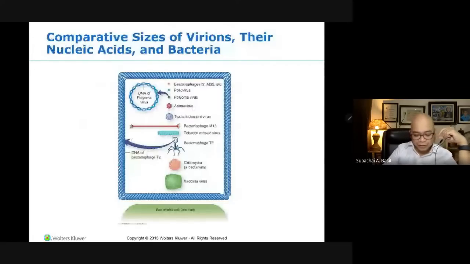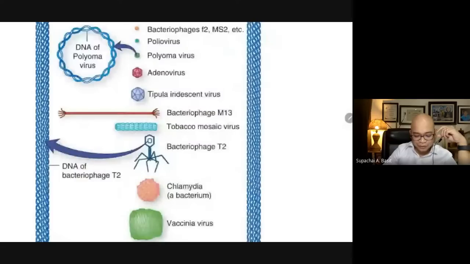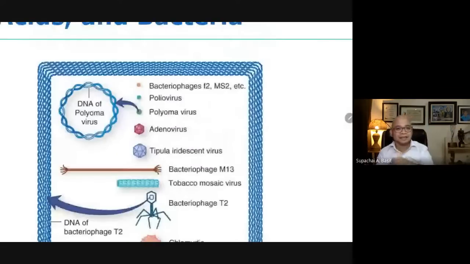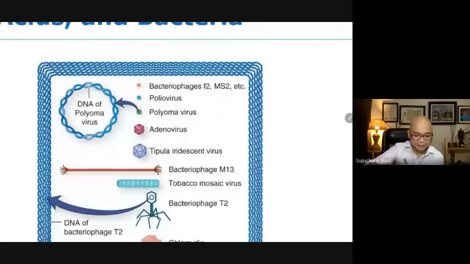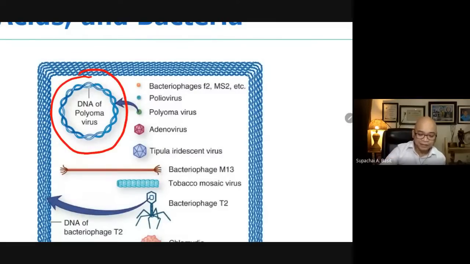Okay, so these are the comparative sizes of the viruses. As you can see here, it is an example of a circular DNA virus. Bacteriophage, if you still remember, is the one that can infect bacteria. It's very small.